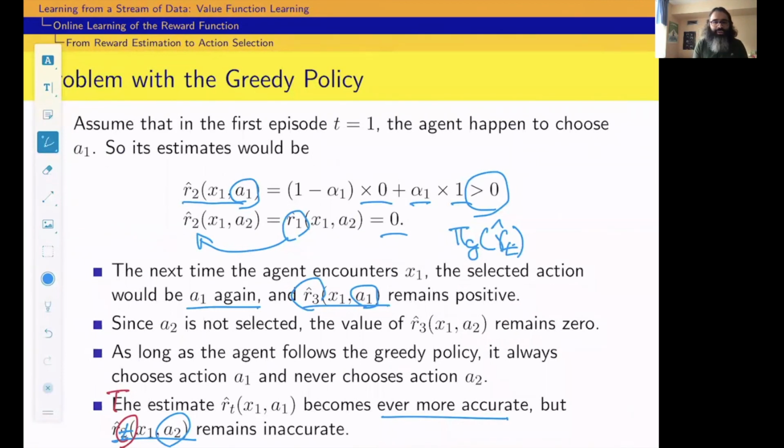Okay, that's a good point, I'll get to that. If the greedy policy starts from the true value, then that would be the optimal policy. But if we start from a wrong idea, an estimate which has some error, the greedy policy prevents the agent from choosing other actions, and as a result, from gaining information about the other possibilities that the agent has.